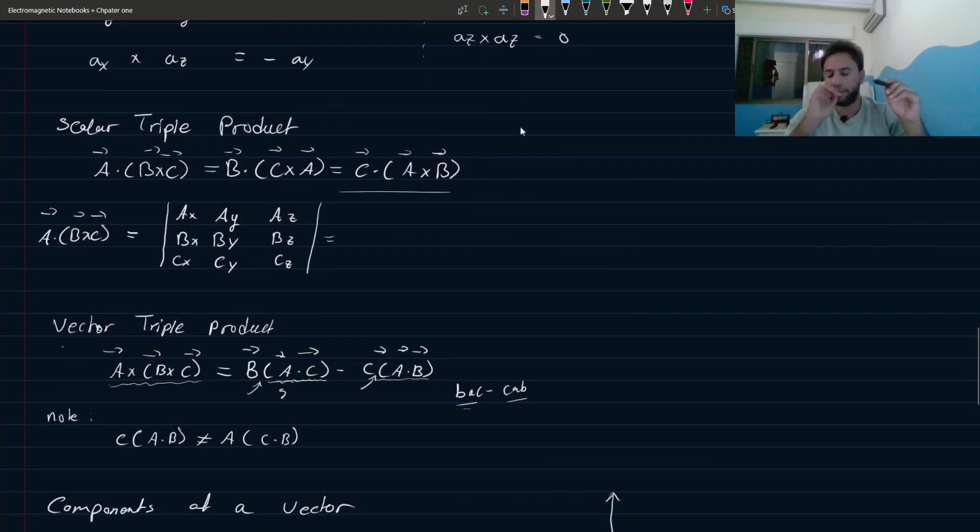Scalar triple product. If we have two vectors cross multiplied by each other and then a third vector dot product with the answer of these two cross multiplied, we can just use this square, which will make things easier for us.